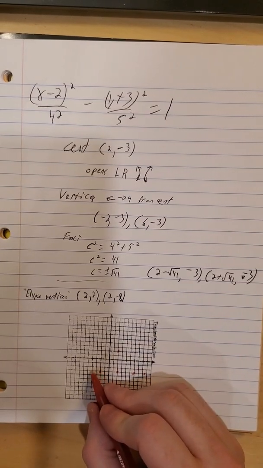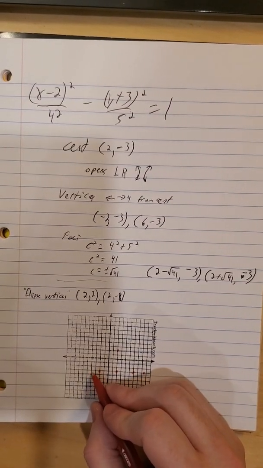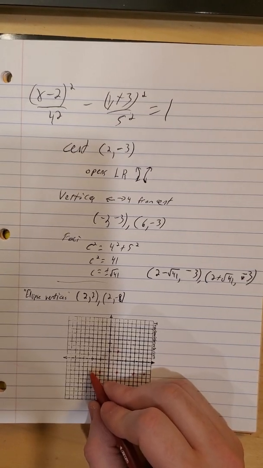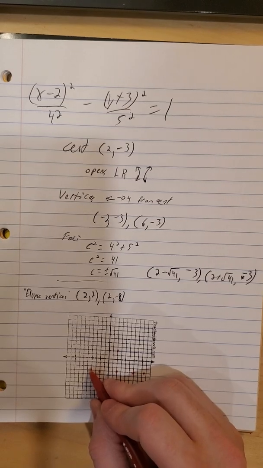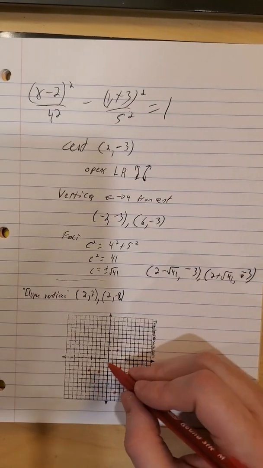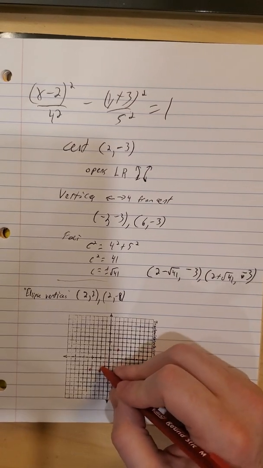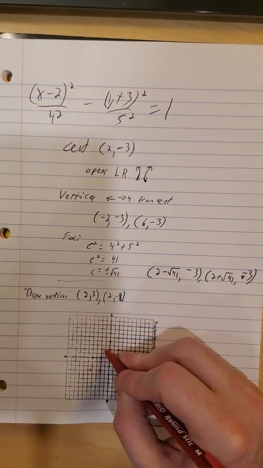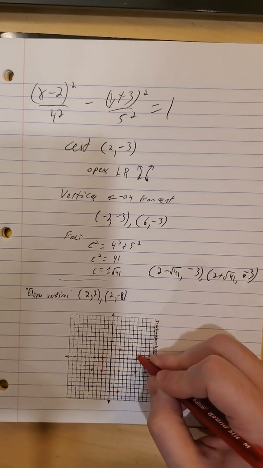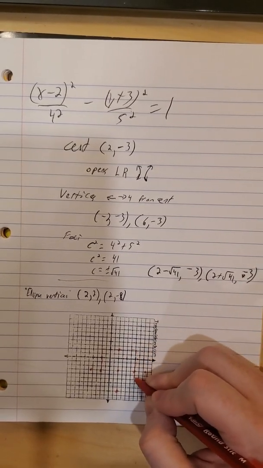So 1, 2, and change more. So there's our foci. So now we can draw our box, which is going to help us figure out our asymptotes.